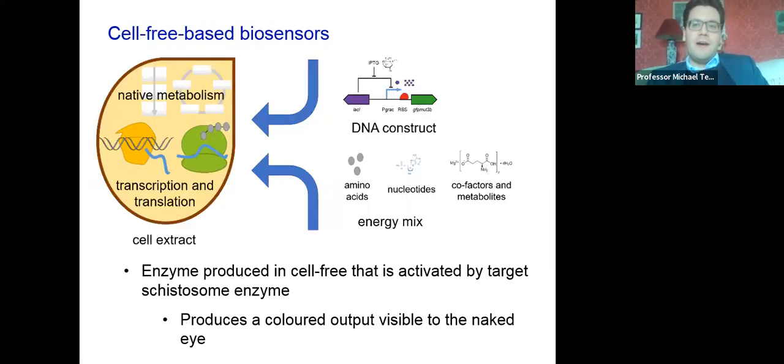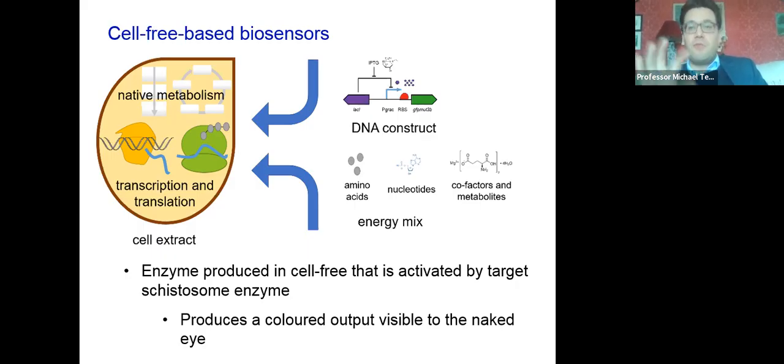One of the approaches they used is to develop what are called cell-free based biosensors. It's basically a colorimetric output that occurs using the bits from inside a cell, which is going to produce a colored output when it comes into contact with a target schistosome enzyme, which I believe is called elastase, the enzyme that the cercariae produces when it's going to bore into your skin.